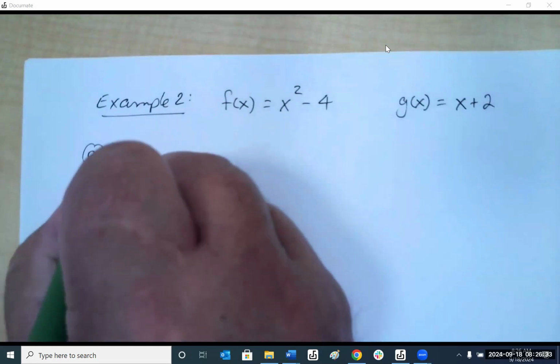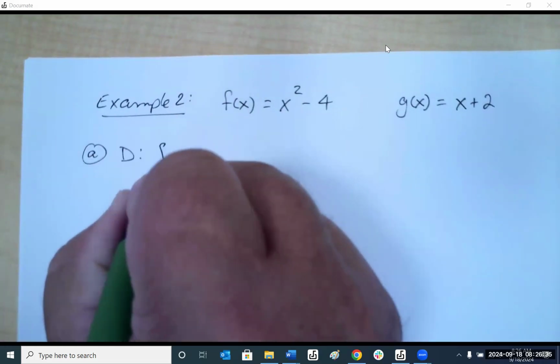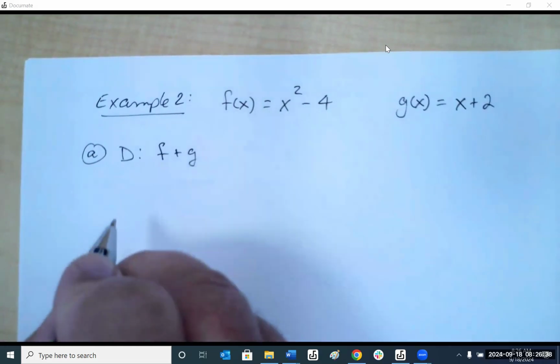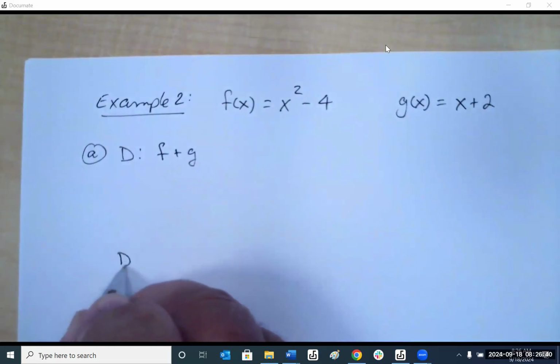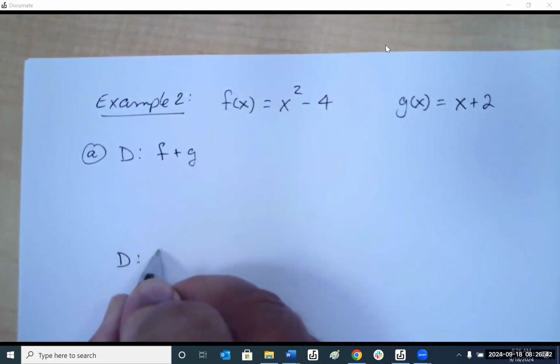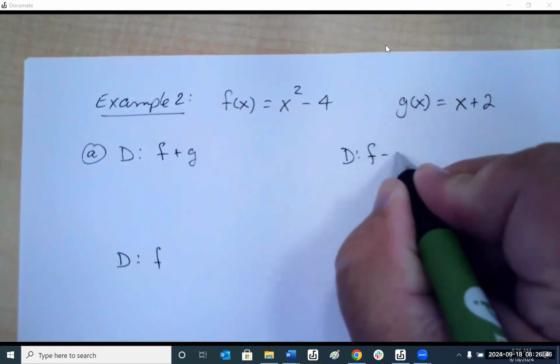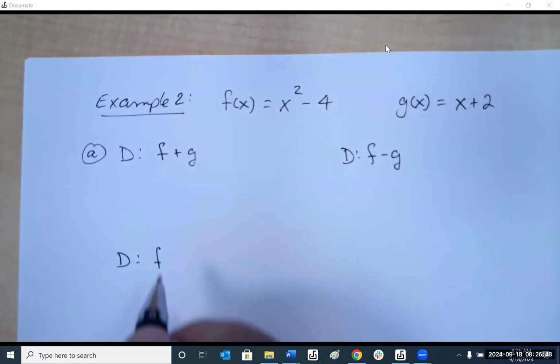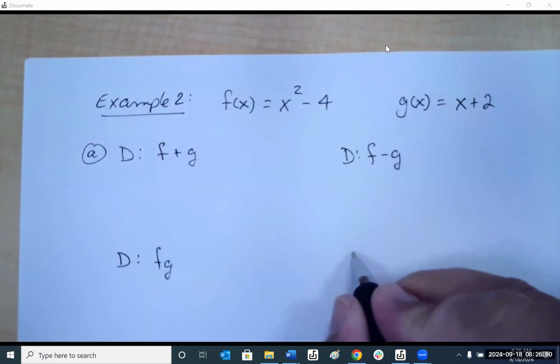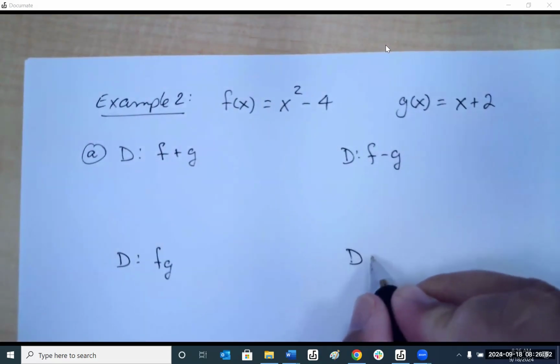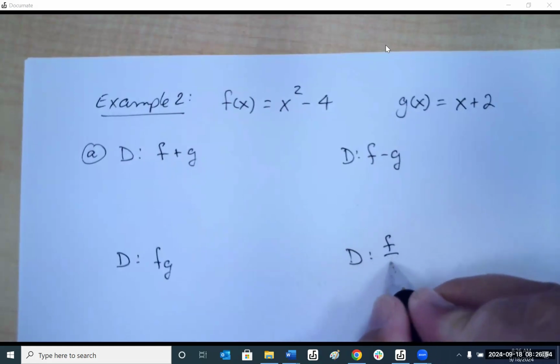A, the domain of f plus g; the domain of f minus g; the domain of f times g; the domain of f over g.